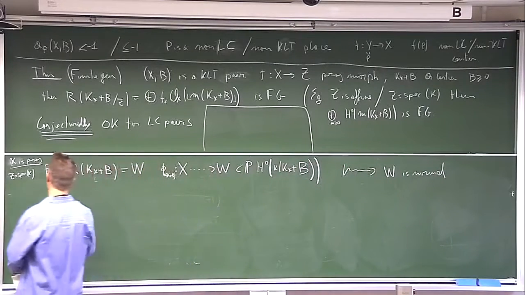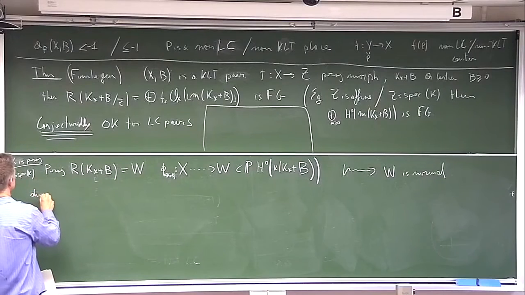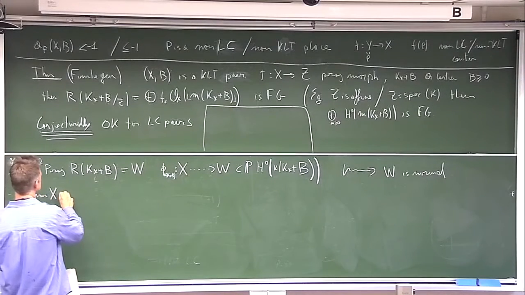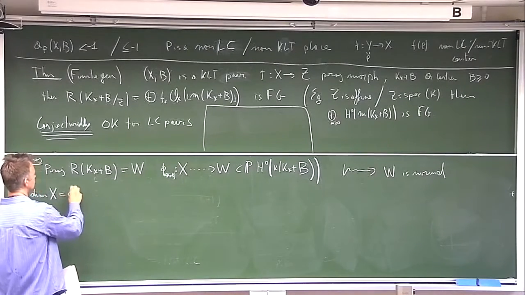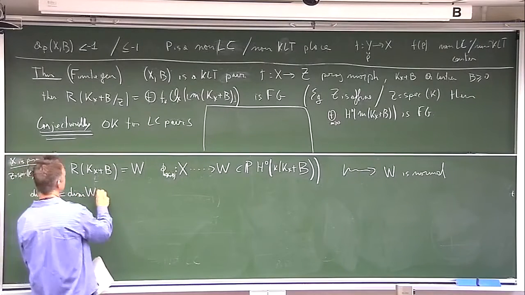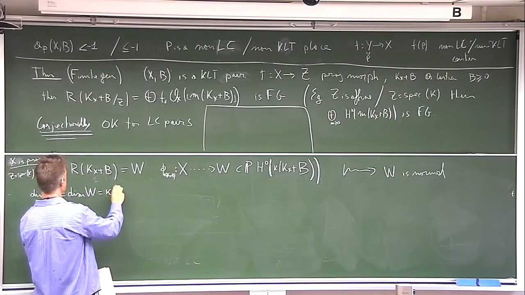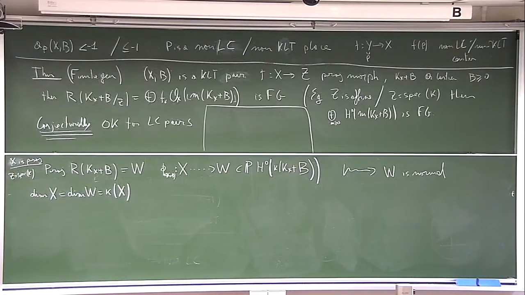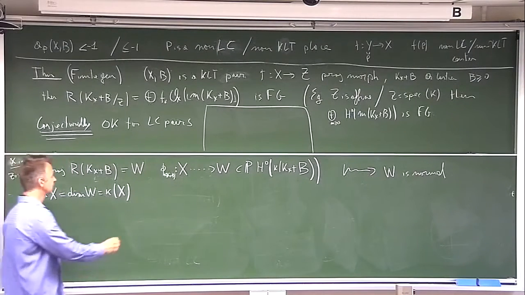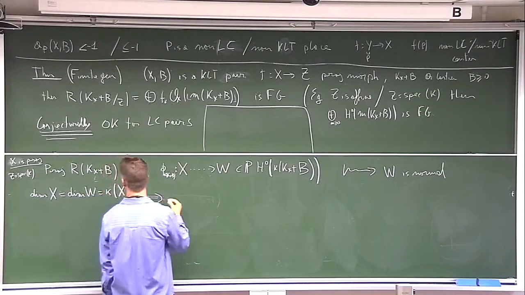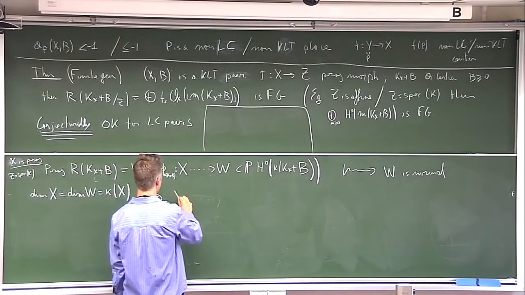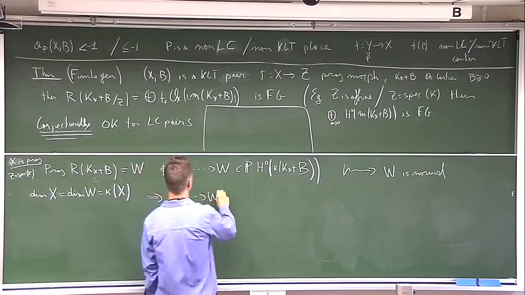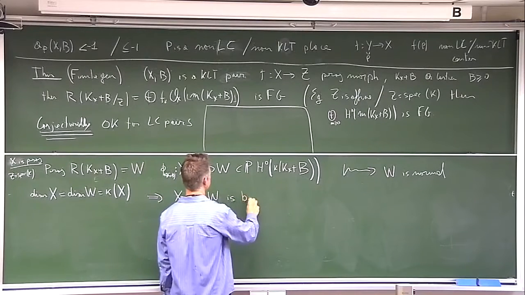And one very interesting case is suppose that the dimension of X is equal to the dimension of W. The dimension of W, it's easy to check, is just kappa of X, the Kodaira dimension of X. So if these two things are the same, then one can check that this map, X to W, is actually going to be birational.